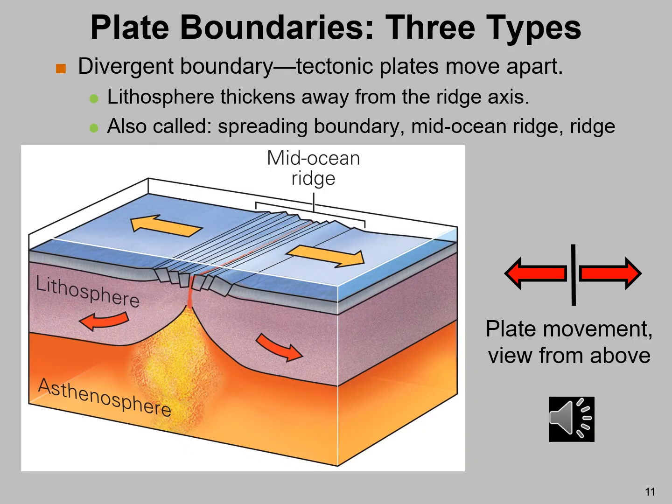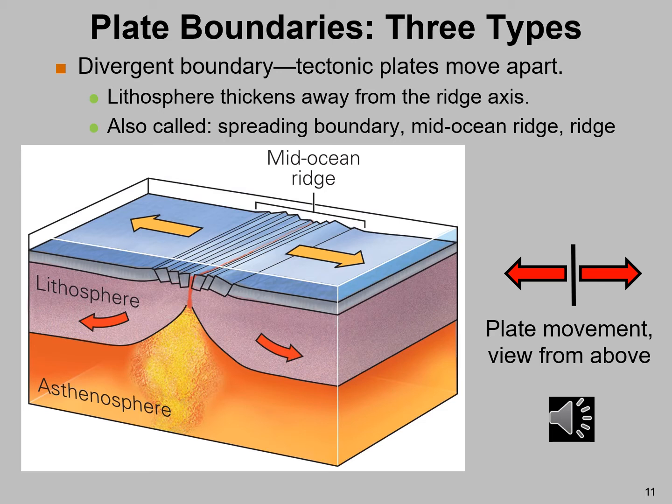We can distinguish among three types of plate boundaries simply by the relative motion of the plates on either side of the boundary. There are three plate boundaries: divergent, convergent, and transform boundaries.